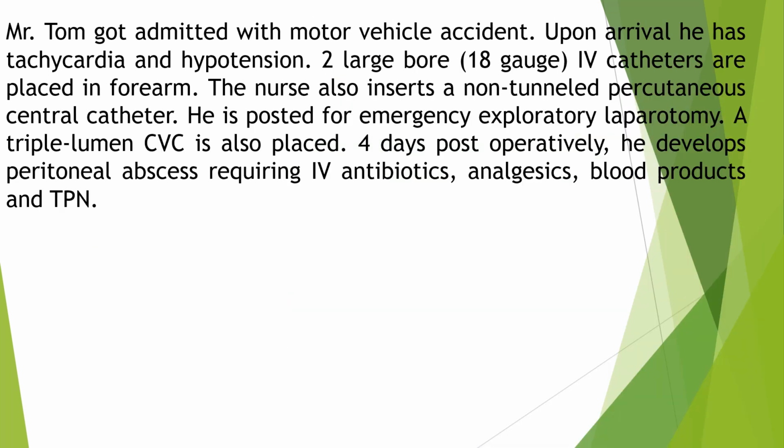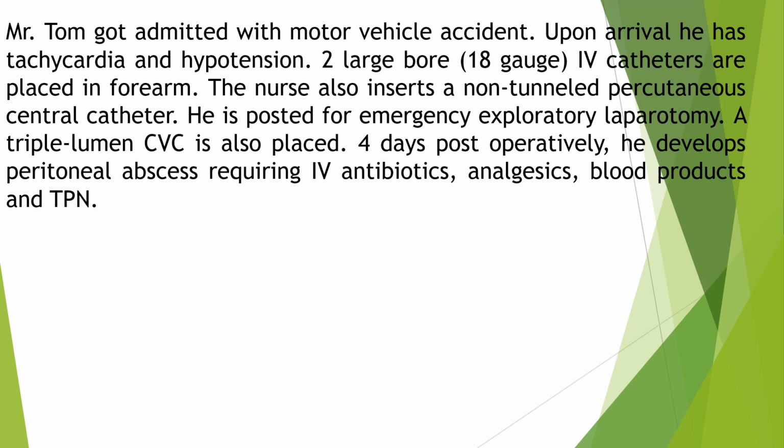This is a scenario. Mr. Tom got admitted with a motor vehicle accident. Upon arrival, he has tachycardia and hypotension. So a motor vehicle accident has happened. Maybe fluid or blood loss might have happened, that is why tachycardia and hypotension. Two large bore IV catheters of 18 gauge are placed in the forearm. Then a non-tunneled percutaneous central catheter is inserted.